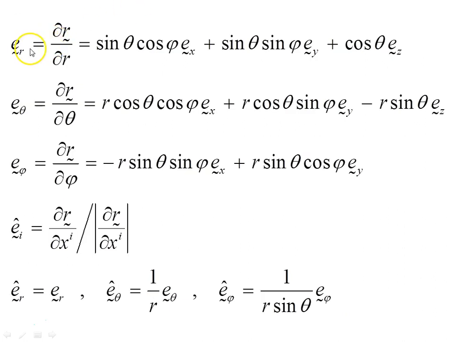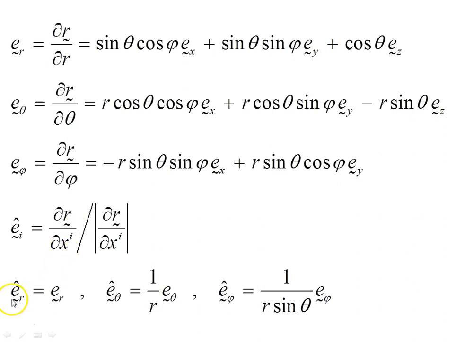Okay, the basis vectors in the spherical polar coordinate system here, dr is this object, d theta is this one, d phi is that object there, and the unit versions of these. These three basis vectors are perpendicular to each other, and now we're going to make them of unit magnitude.